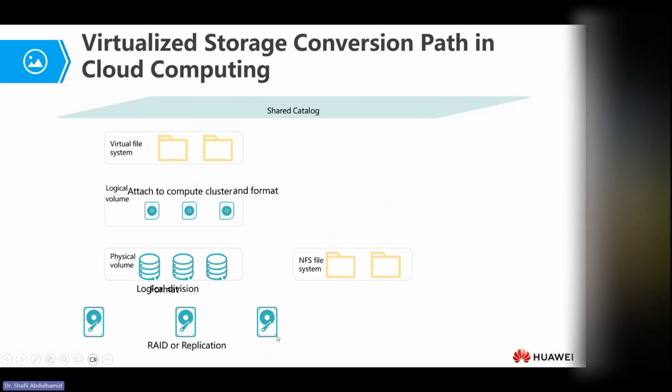Okay, so from the lowest level, we have the physical disk, and this physical disk uses two different types of technology, whether it uses RAID technology or what is called replication technology. We will explain this later in the slides. But I want to believe that anyone that took forensics with me is already familiar with the term RAID technology.